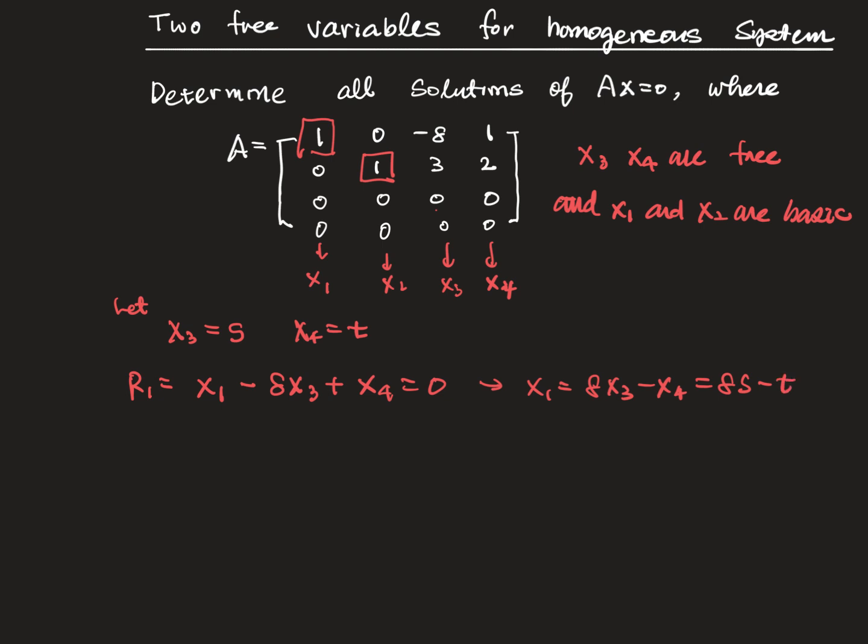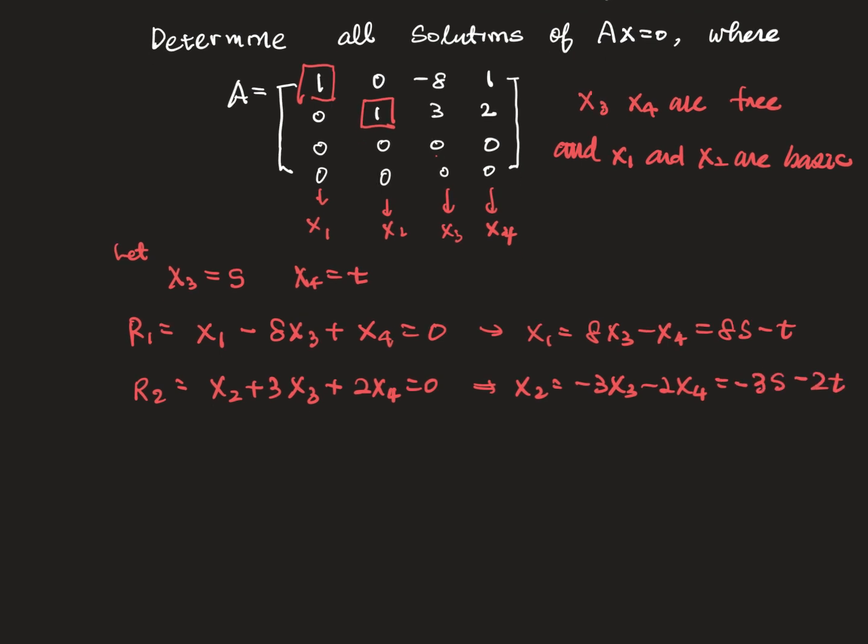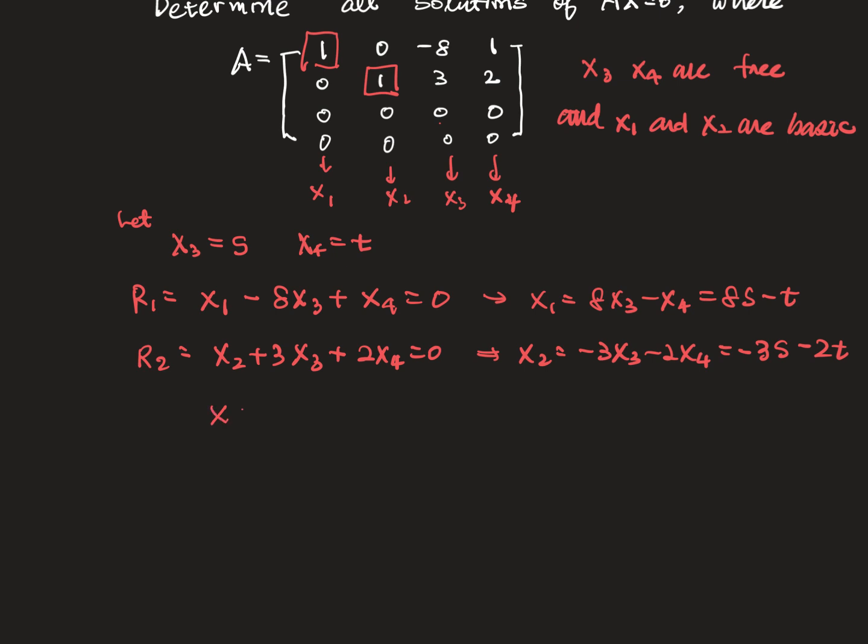Let's go to R2, row 2, guys. So x2 plus 3x3 plus 2x4 equals 0, which means x2 is negative 3x3 minus 2x4. So you're going to see negative 3s minus 2t. So you find the non-trivial solution x. x1 is 8s minus t, x2 is negative 3s minus 2t, x3 is s, x4 is t.